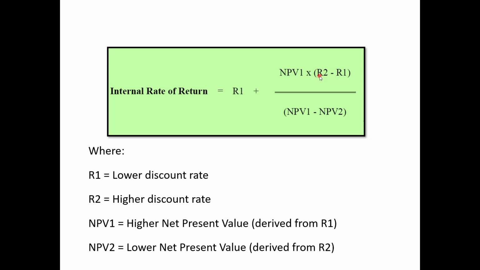This is subject to NPV1, which means higher net present value, which derived from R1, and we are going to take the difference between these NPVs. I hope you can understand it clearly with my next slide. If you want, please write down this formula.